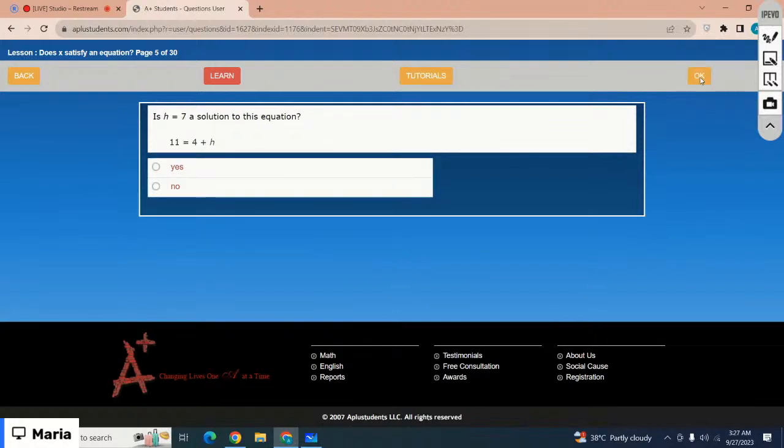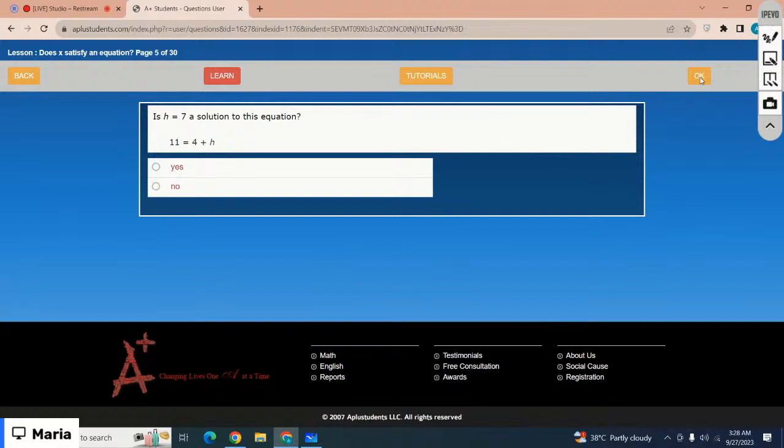Is h equals 7 a solution of the equation? The correct option is yes, 7 plus 4 equals 11, right? That means yes, h equals 7 is the solution of the equation, right?